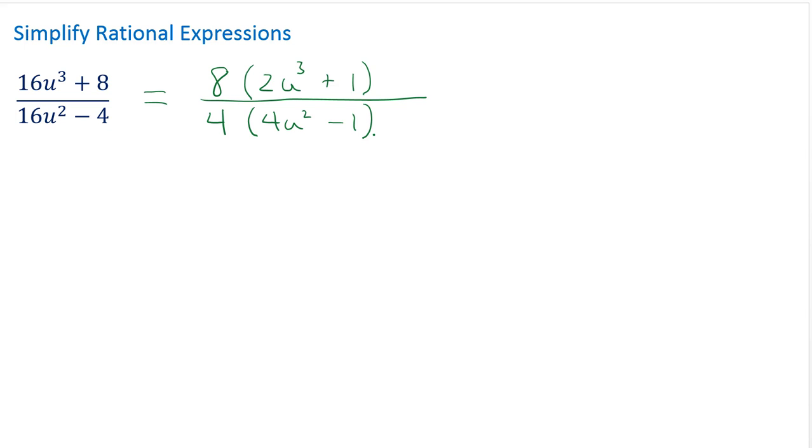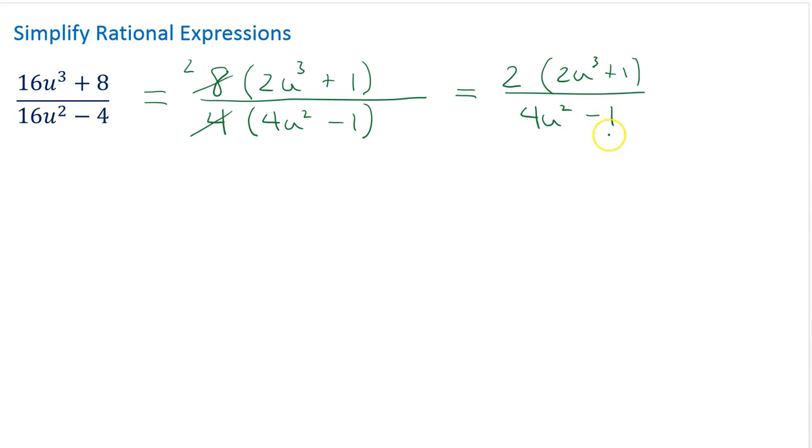Now what happens here, this one's frustrating. I can see why this would be a question. 4 goes into 8 2 times. Okay, so here those cancel and leave a 2. So I have 2 times 2u to the third plus 1 divided by 4u squared minus 1.